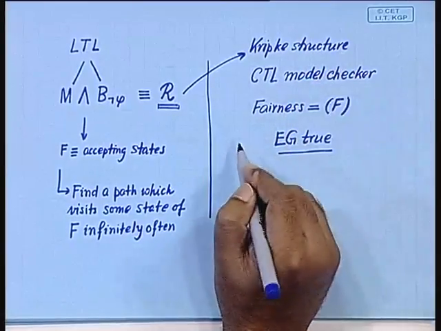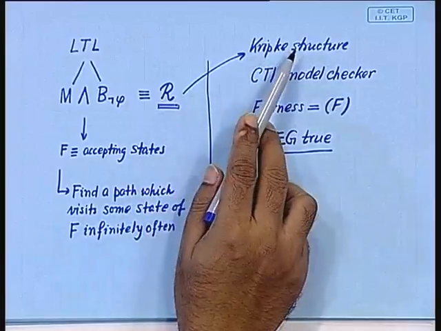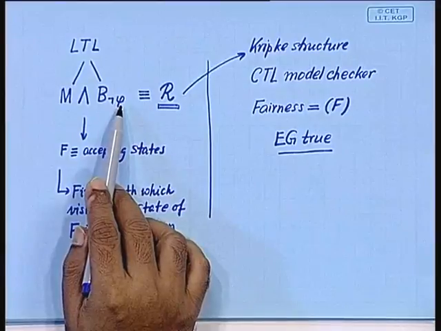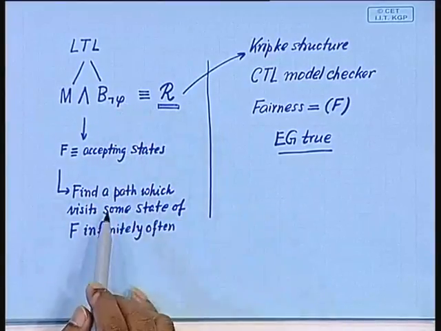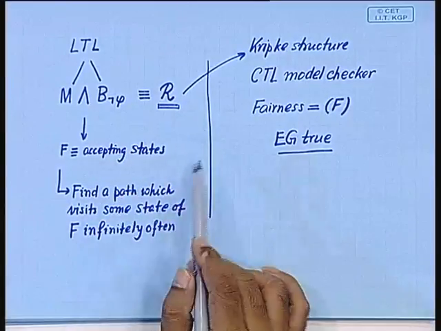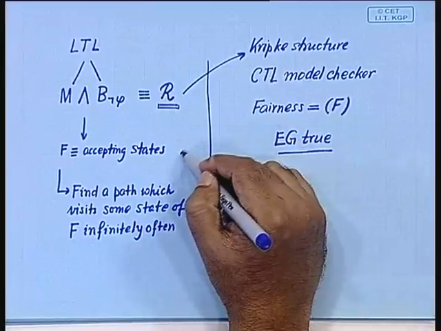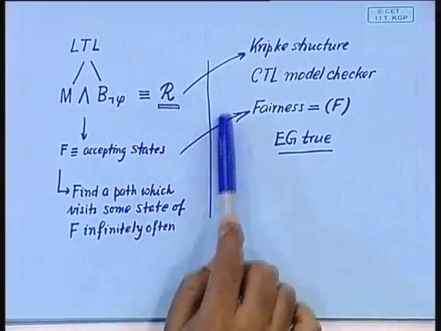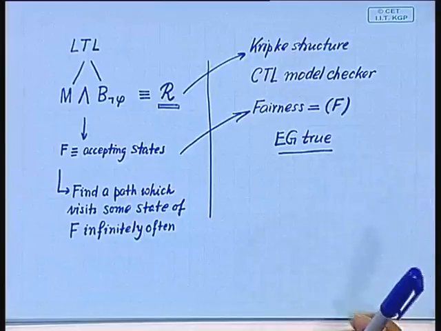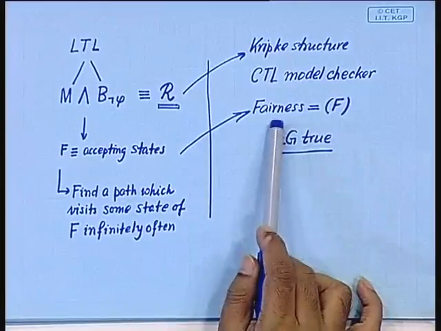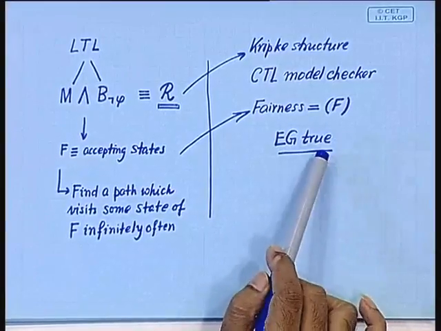But every path in this Kripke structure is not an accepting run of this automaton. It is only those runs which go through states in F infinitely often. So, we take this F and pass it on as the fairness constraint to the CTL model checker and say that, look, this is my Kripke structure R, this is my fairness constraint F, and I want to solve the property EG true. In other words, please find a path in the Kripke structure.